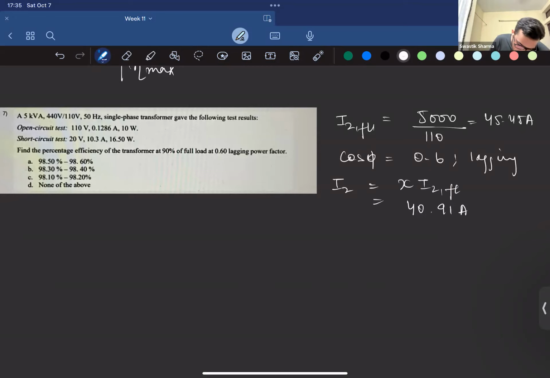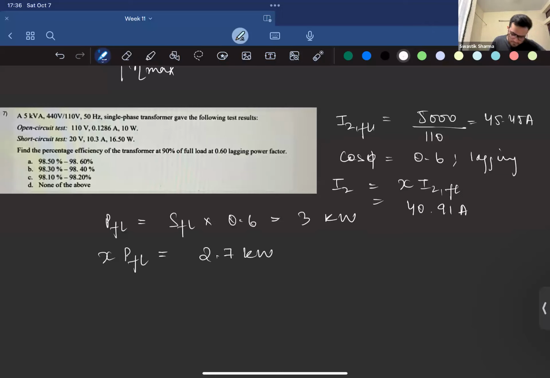Now we know the full load power will be S full load times 0.6, which is 3 kilowatt, right? And X times P full load will be the one that's happening at 90% of full load rate, which is 2.7 kilowatt. So we got everything.